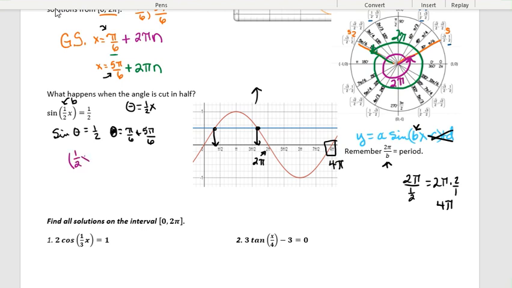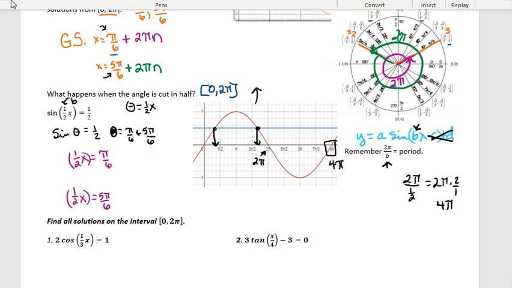So 1/2 x equals pi over 6 and 1/2 x equals 5 pi over 6. Now the reason I'm keeping it like this is that to get these answers, we have to be careful because we want all of our answers to be in the range of 0 to 2 pi, because that's the way we've done since we've started this unit.